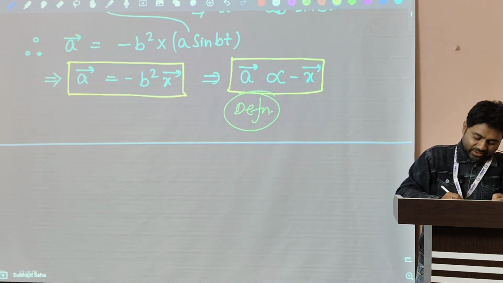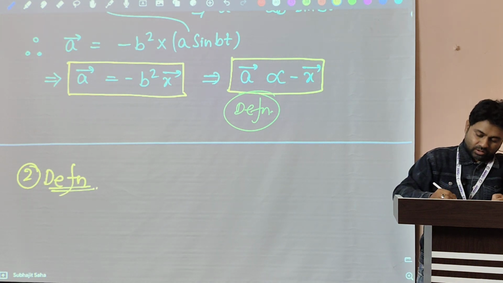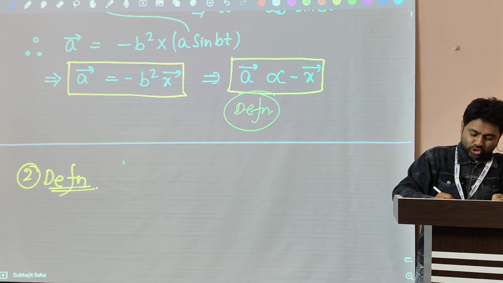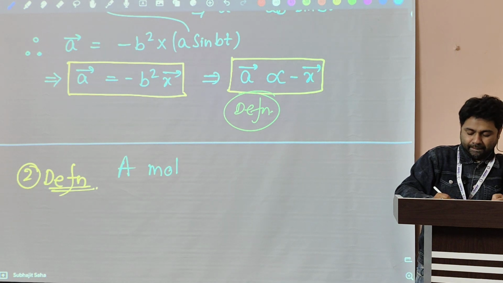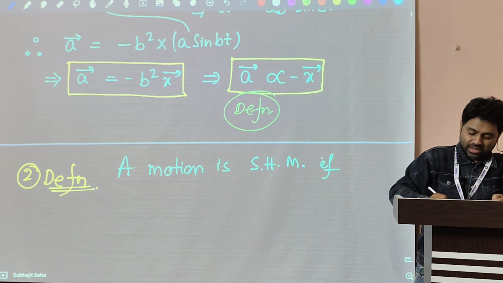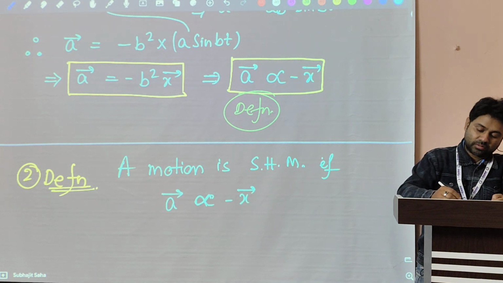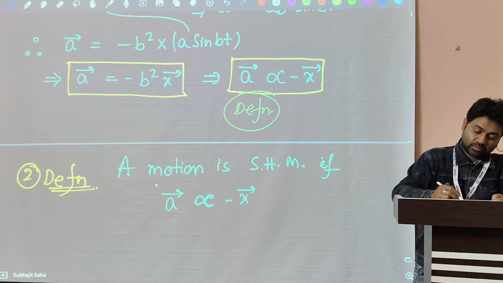So now let's take the definition. A motion is simple harmonic, or SHM will be called SHM, if acceleration of the particle will be proportional to minus of the displacement. That's it.